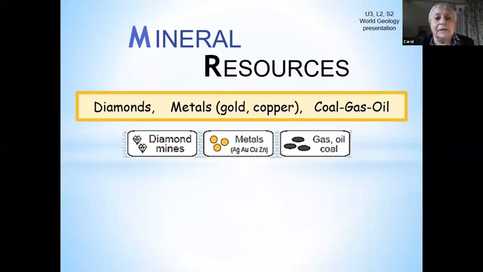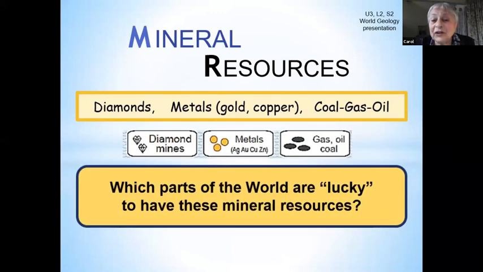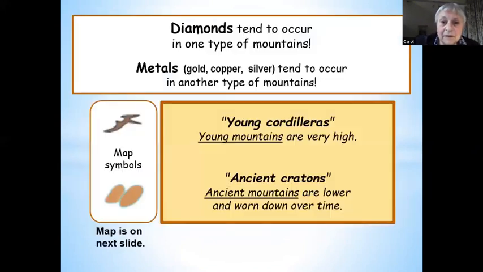Which parts of the world are lucky and have diamond mines, metal mines? Those metal mines could be a great variety of things, anything from gold to copper to zinc. Who's really lucky and has gas and oil in their region? It all depends on what kind of mountains you have.